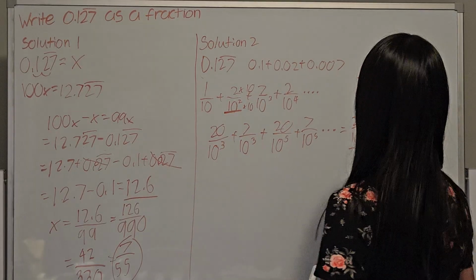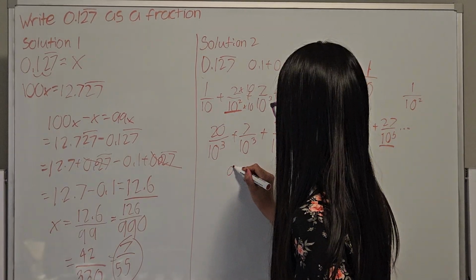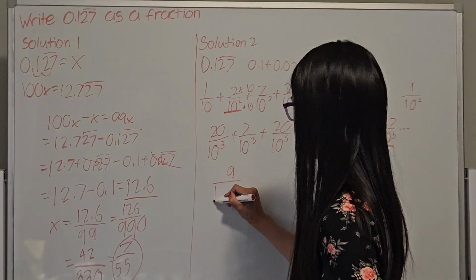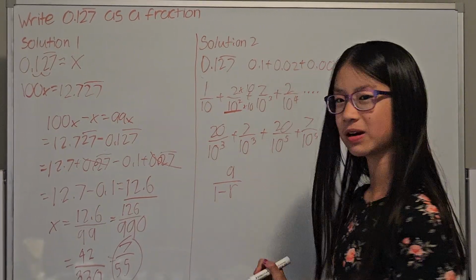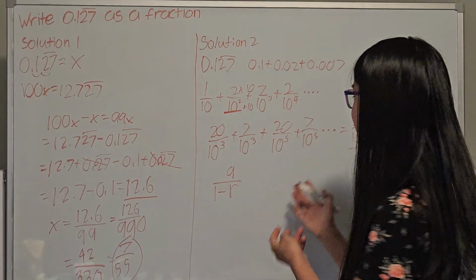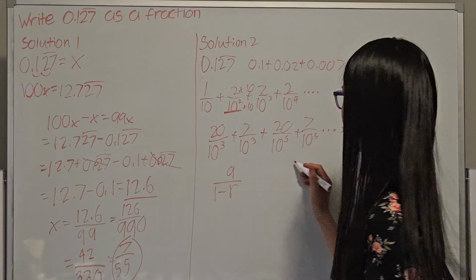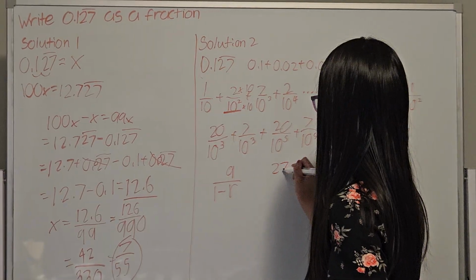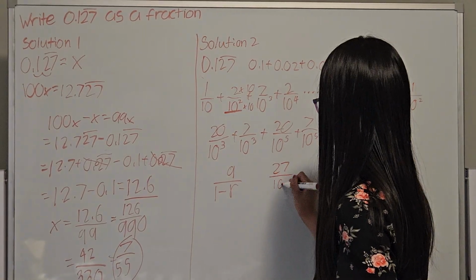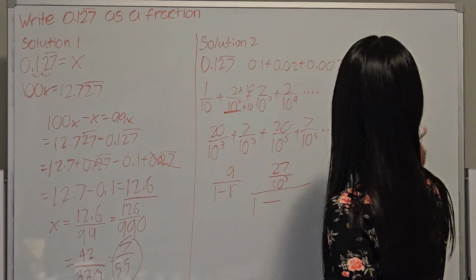The formula is the first term, a, over 1 minus r, which is the ratio. So we can bring in the numbers for the formula.